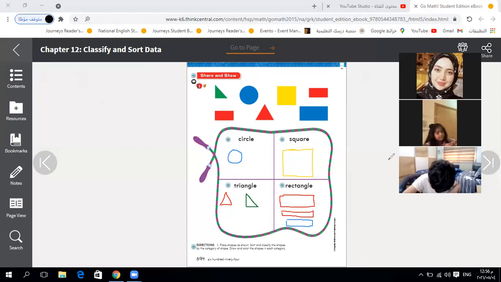You see, Amir, how many rectangles we have here? Yes, Amir. How many rectangle shapes do we have here? Teacher, how many rectangle shapes do we have here?